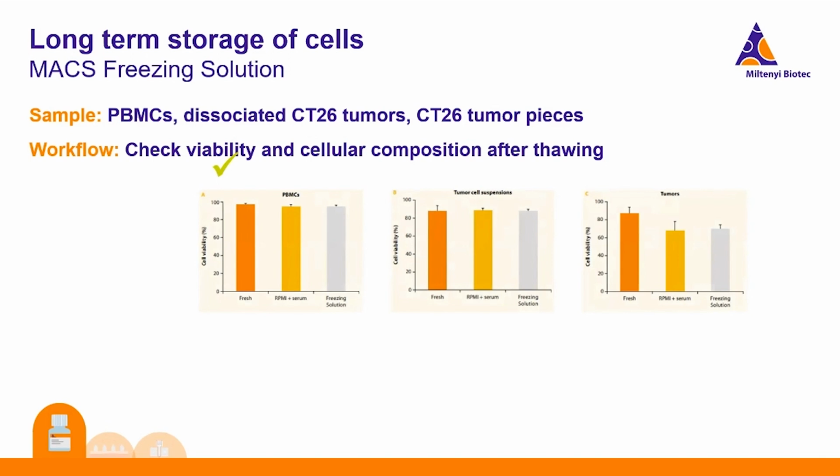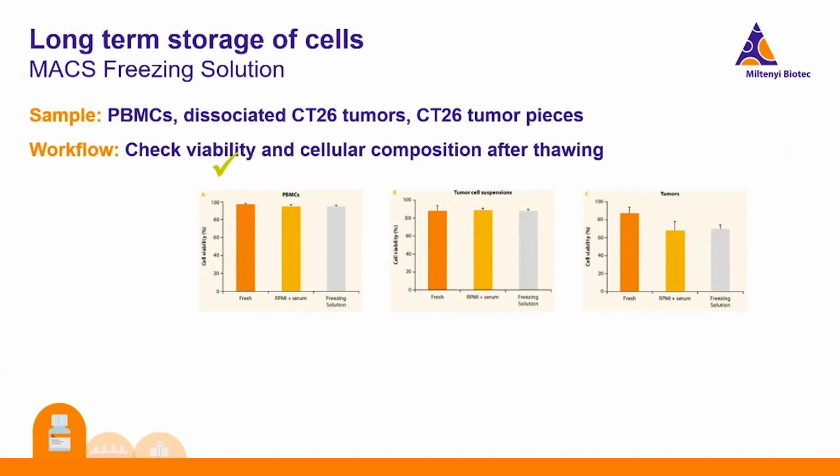What we see with tumor pieces is that the viability is quite reduced when we compare it to tumor cells in suspension. This is just simply because the freezing solution can cover the whole cell, which is not true if you want to cryopreserve tumor pieces.